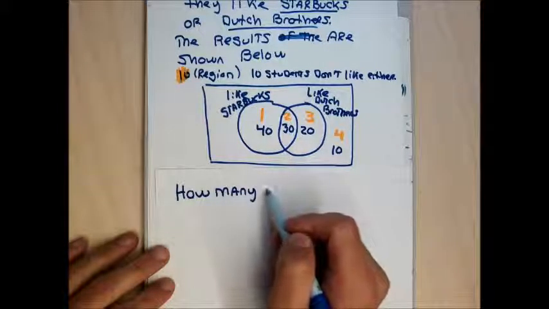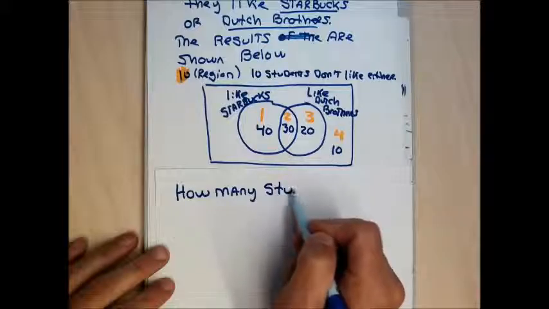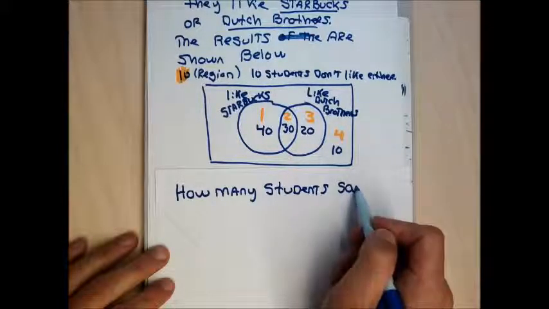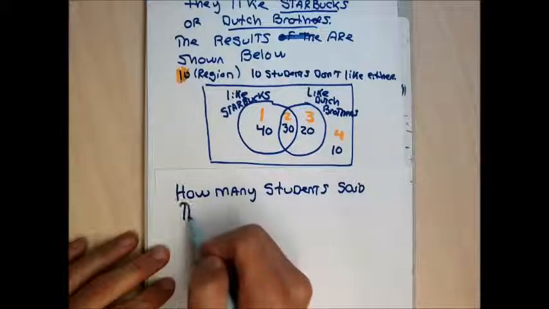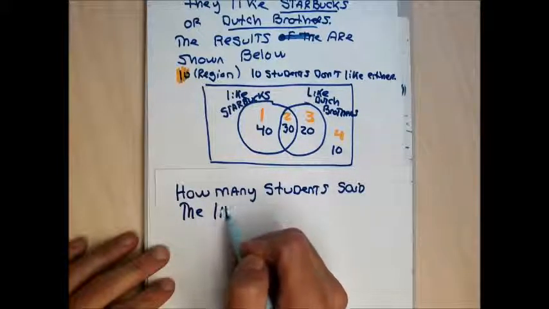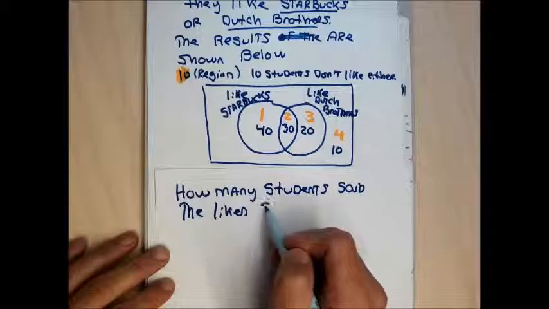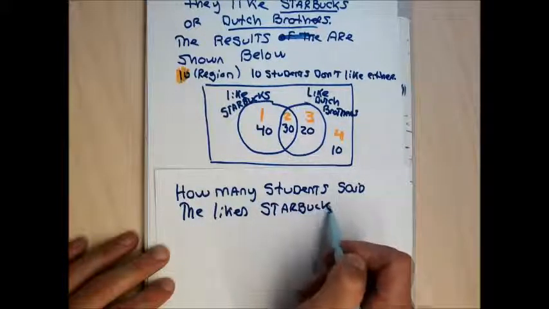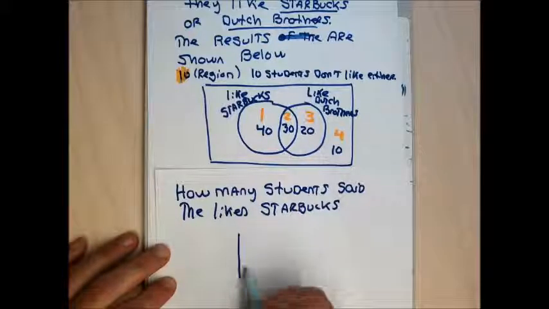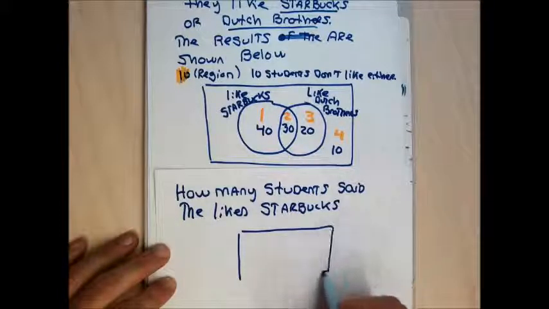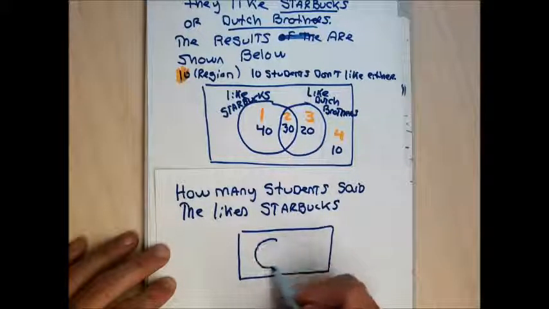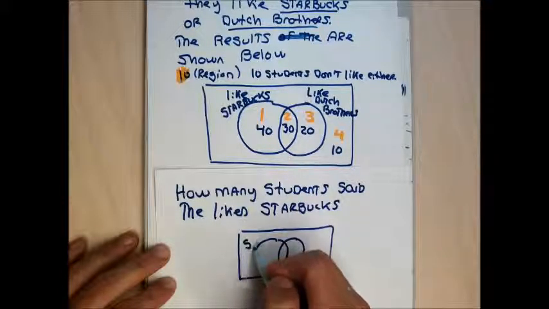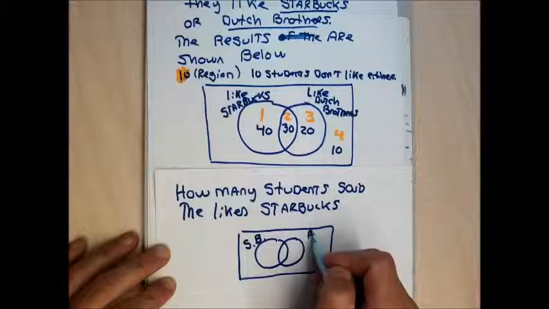So how many students from the survey said they liked Starbucks? So I don't know if that's an easy question or a hard question. Let me just call this Starbucks and this Dutch Brothers.